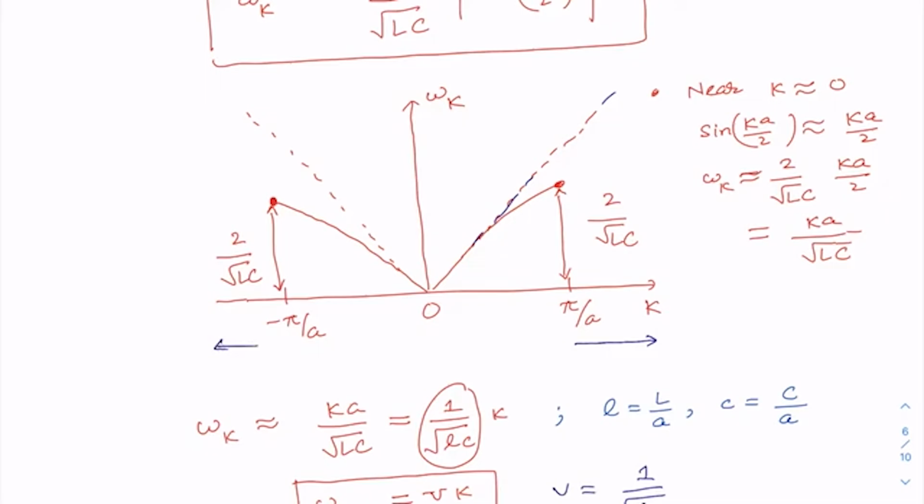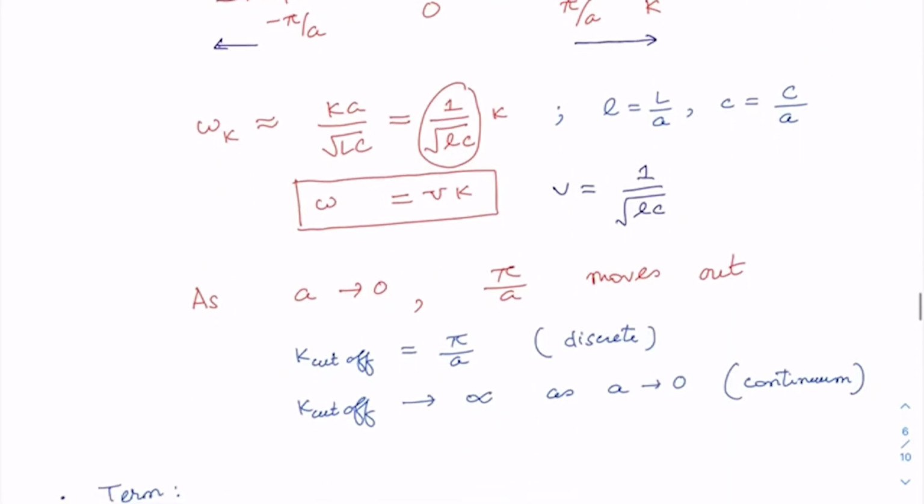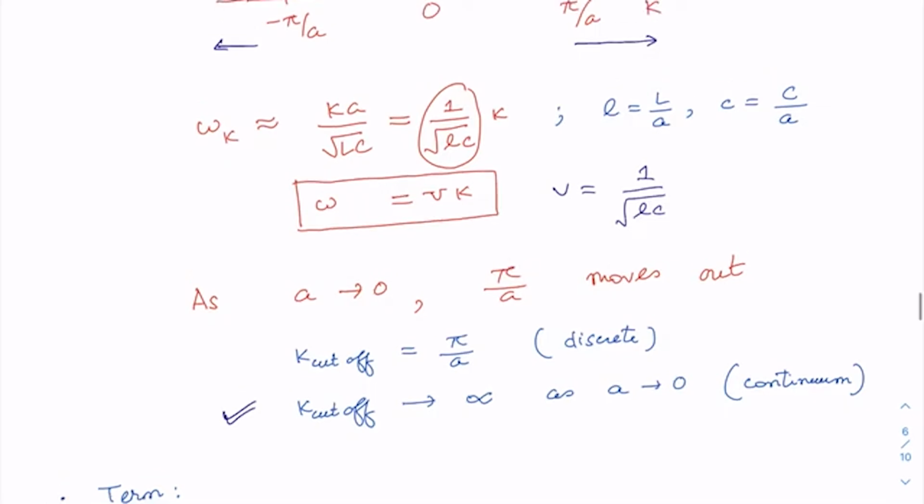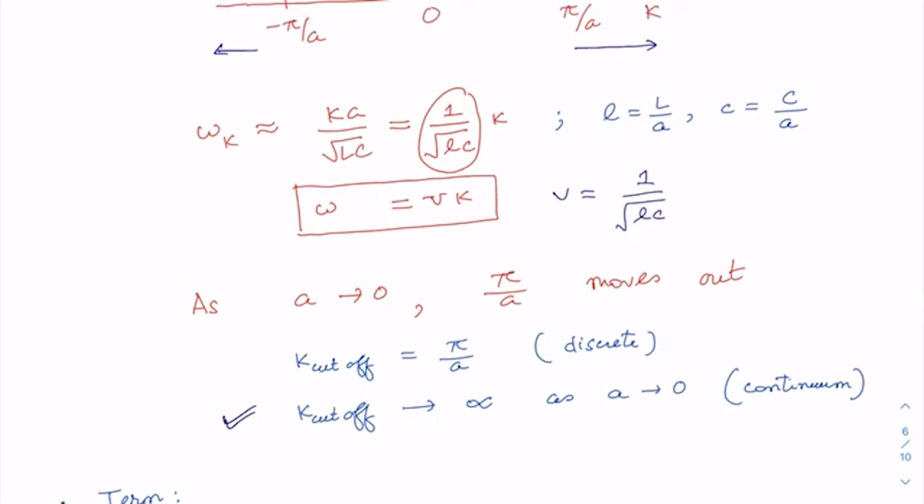That actually means that for the continuum case the cutoff frequency, the wave number, would tend to 0. And the velocity on the transmission line would be simply given by this expression, where v is 1 by square root of LC, L is the inductance per unit length, and C is the capacitance per unit length.